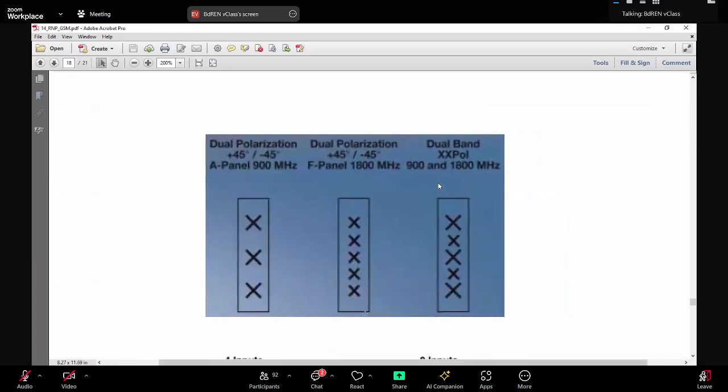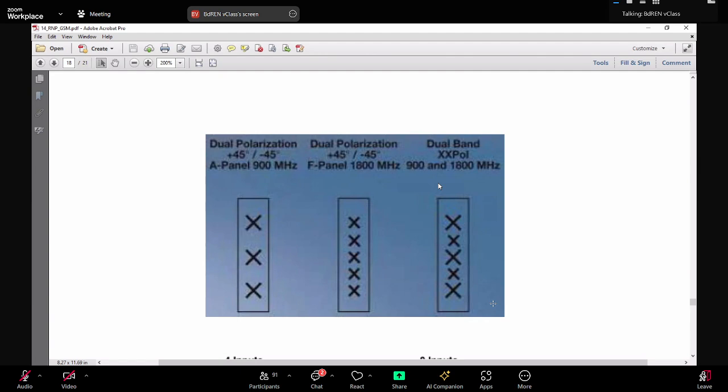And here each array has 5 array elements. Now come to the rightmost casing. Here, a single casing incorporates both types of antennas, I mean antennas for both bands.